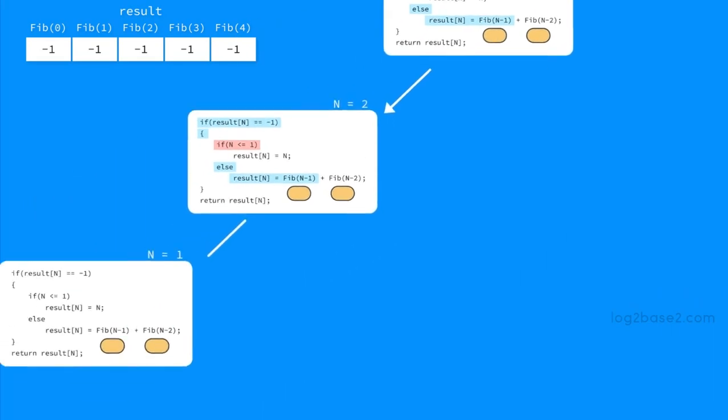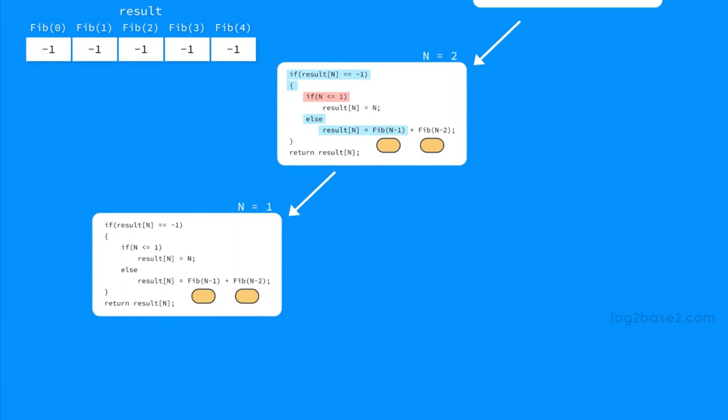So fib of 1 will be called, and here also we are checking if it is solved, and we have result of 1 equal to -1. So we need to compute the result. So check if n is less than or equal to 1, and it is. So set result of n equal to n. So in the array, result of 1 is set to 1.